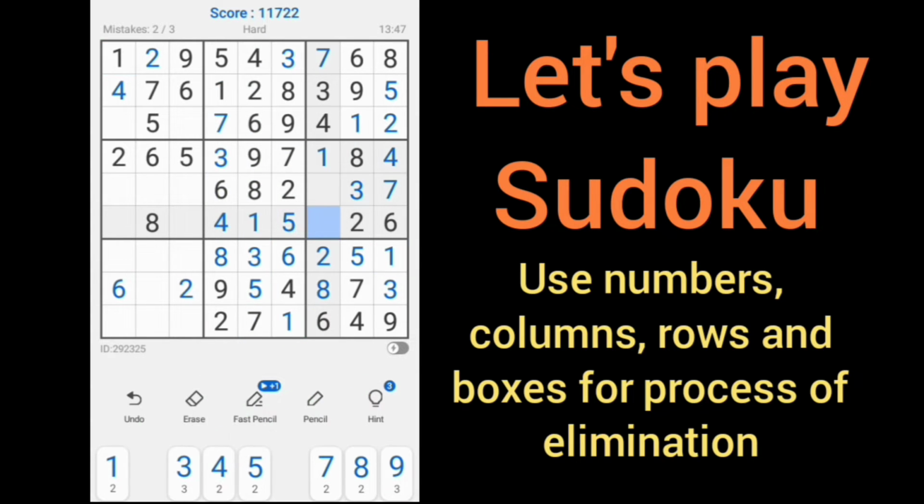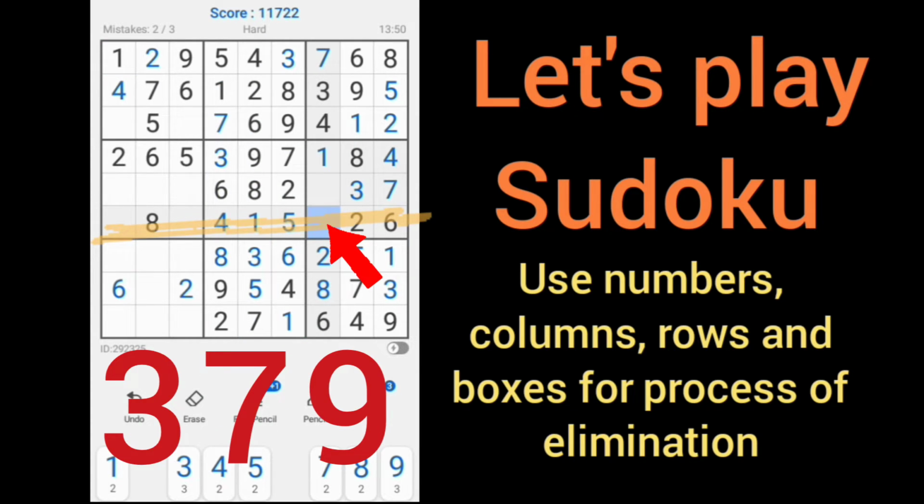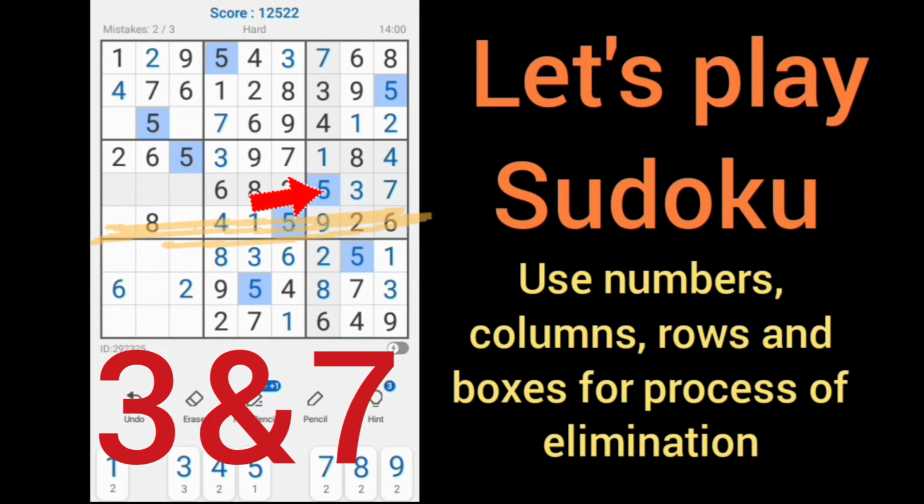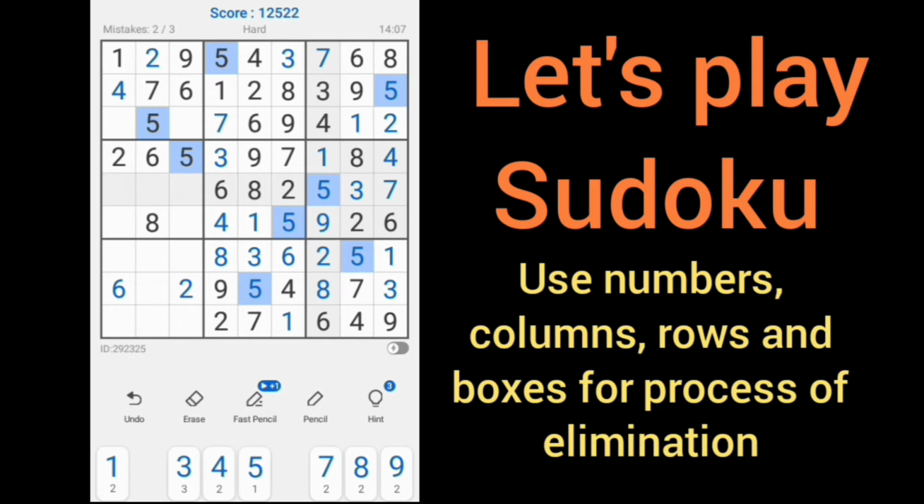So 3, 7, 9. This has to be a 9 because there's a 3 and 7 in the box. So 1, 2, 3, 4, this should be a 5, I believe. Now that we have that 5, that means the bottom corner should be a 5 here, I believe.